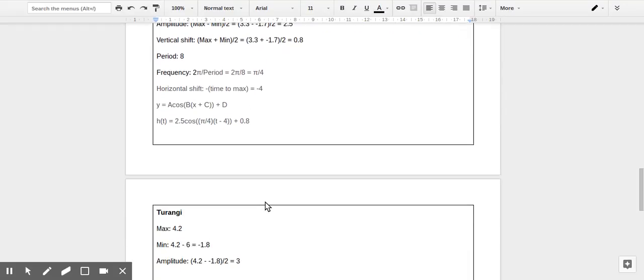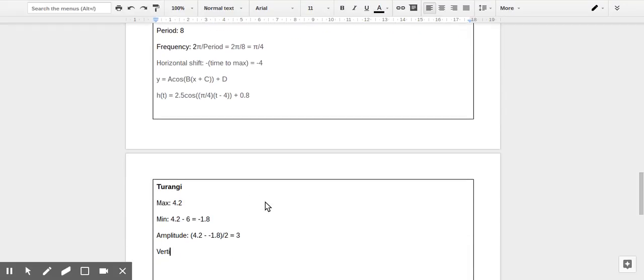Okay, next thing we've got is our vertical shift, which is 4.2 plus -1.8, which is 4.2 take away 1.8, divided by 2, and that is going to be 1.2.